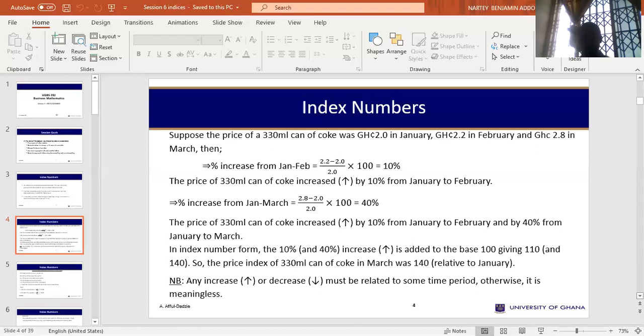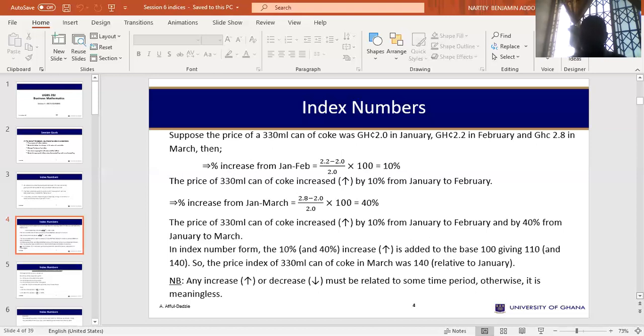But we will normally write this 10% as 110. We add it to the 100 and say that it's 110 because the 100 is the base. Now, the same increase from January to March will be 2.8 for March minus 2.0, remembering that here, January is the base year, over 2.0 times 100. That will be 40%.